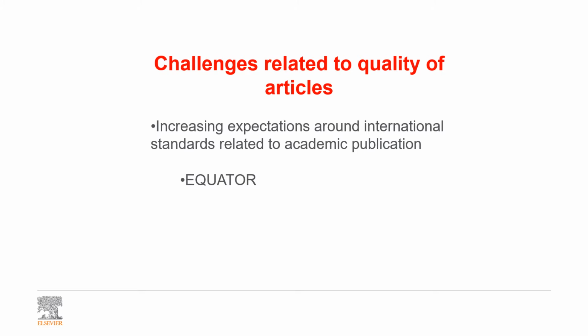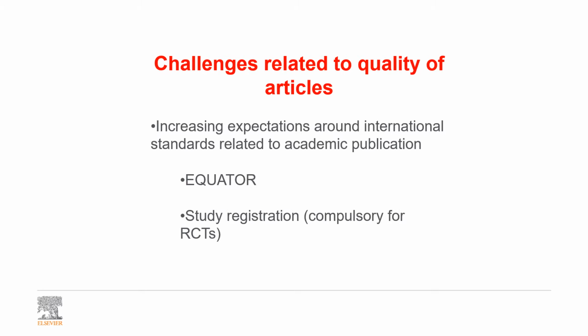So, for example, the Equator network, which is available online, publishes a range of standards concerned with the publication of specific kinds of studies, for example, randomized controlled trials and systematic reviews. So we need to make sure that we are up to date with these. They're constantly being added to and updated, and we need to make our authors aware of these.